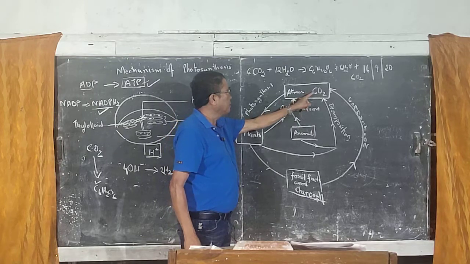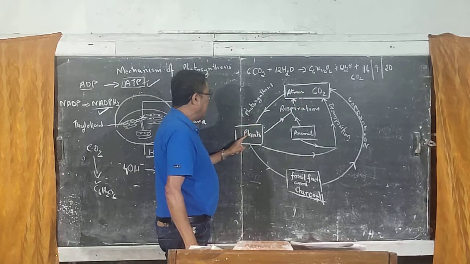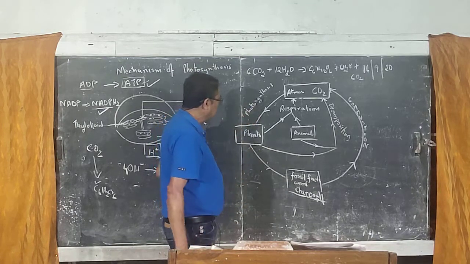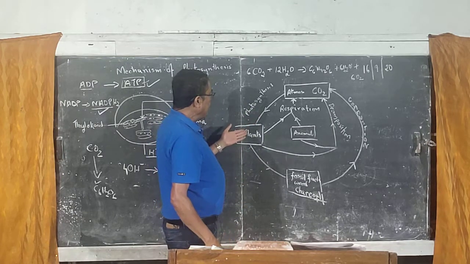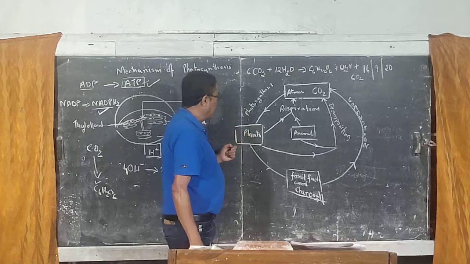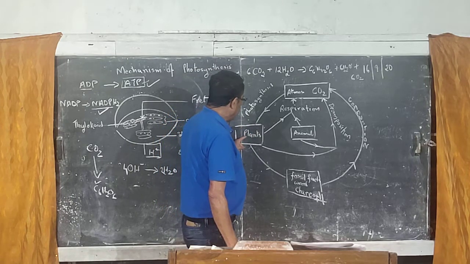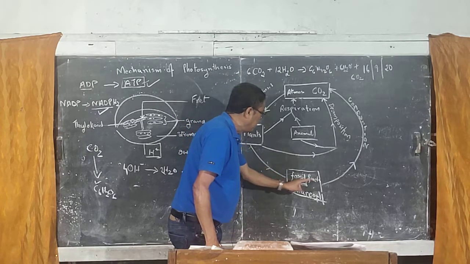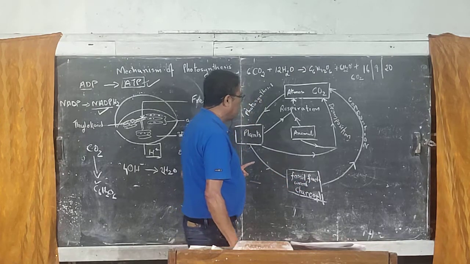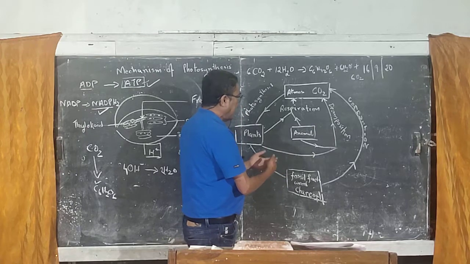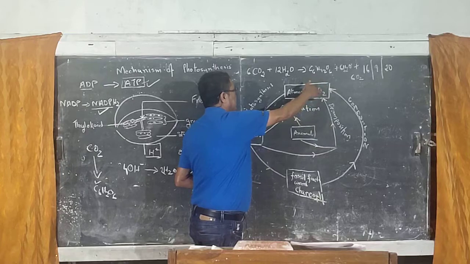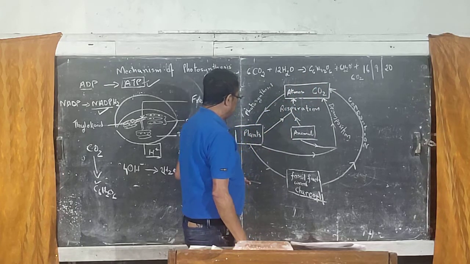Atmospheric carbon dioxide is utilized by plants for photosynthesis, as we know now, and after the death of plants, we get fossil fuels, wood and charcoal. Combustion of these items produces carbon dioxide, which is released into the atmosphere.